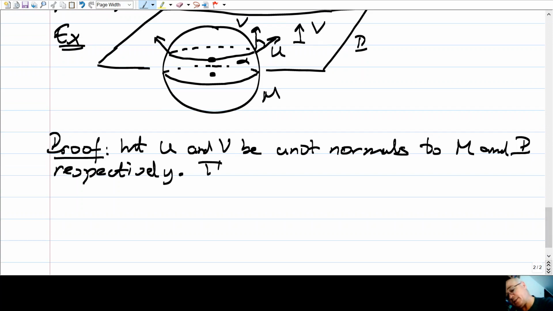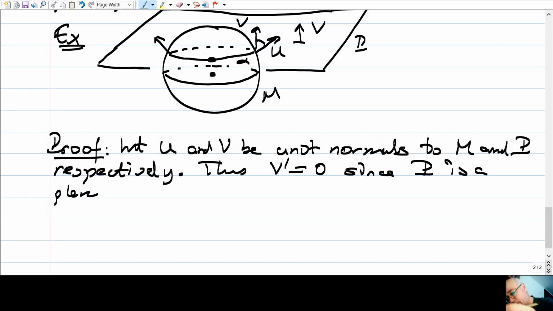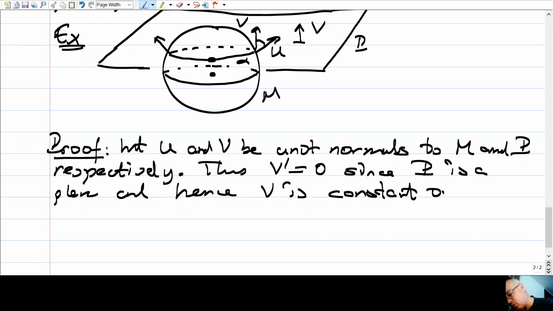Thus v prime is 0, since P is a plane and the normal vector is constant, and hence v is constant on P, therefore its derivative is 0.